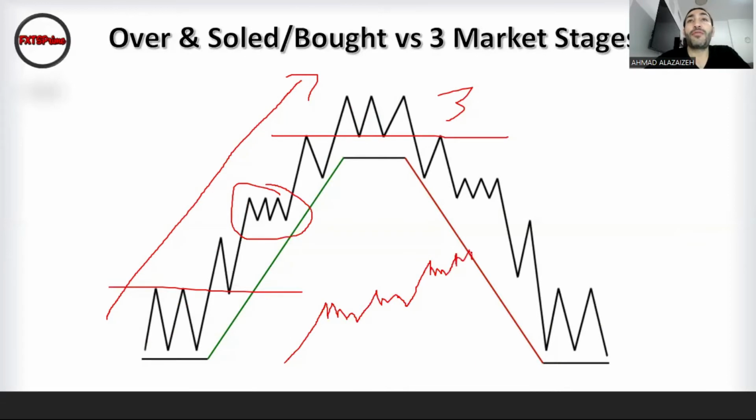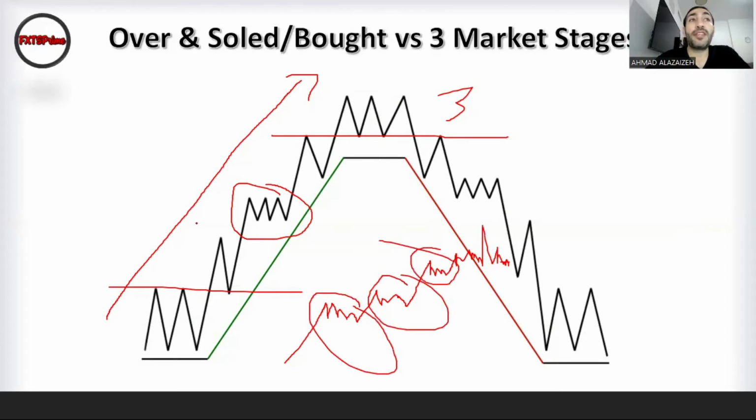Then you have started to see head and shoulders, or triple bottom, or triple top, whatever. Then you will understand that you already have 1, 2, 3 continuation patterns.